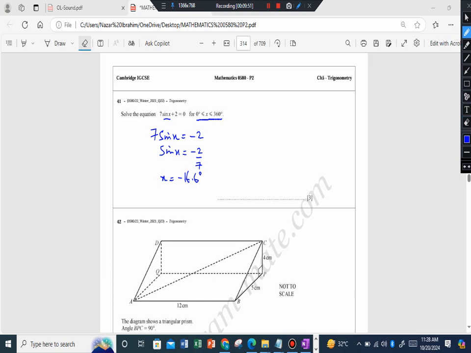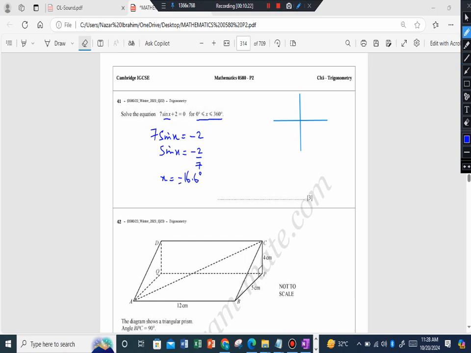Now let's make the 4 quadrants and see what the scenario is over here. We should know one thing, that is the base angle. The first angle which we get in the first quadrant, meaning the acute angle, we consider as our base angle. The second thing we get from here is the sign.